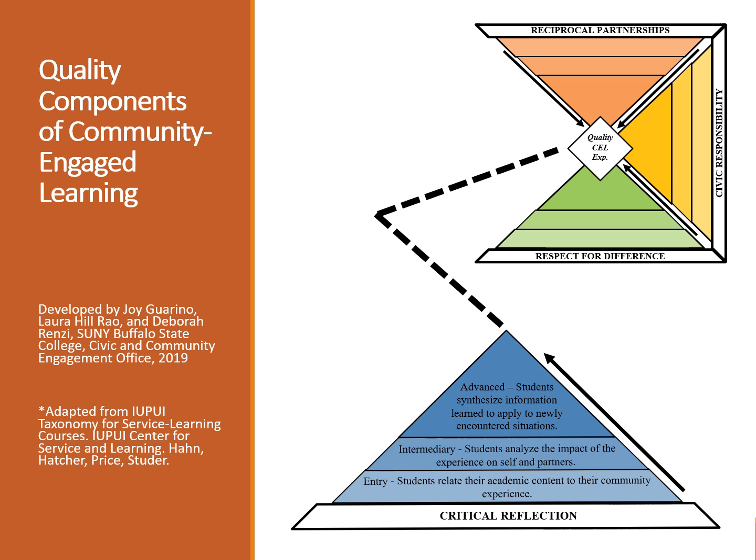a little more advanced. So in critical reflection, we're going to start by looking at students' reflection on the connection between their community experiences and the academic content. And this can be really basic. You offer some sort of a reflection assignment and the students can think about the impact of their experience. In the middle where you see intermediate, students develop the ability to analyze the impact of the experience on self and community partners.